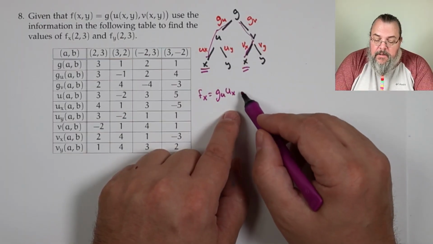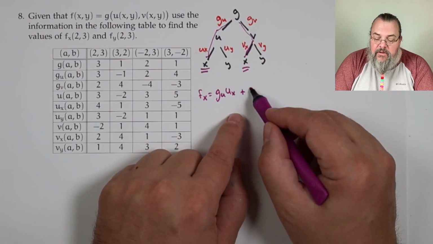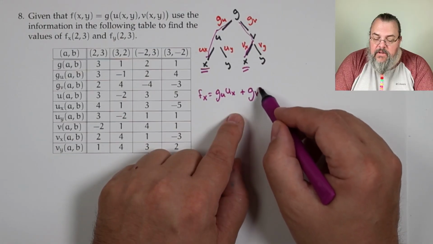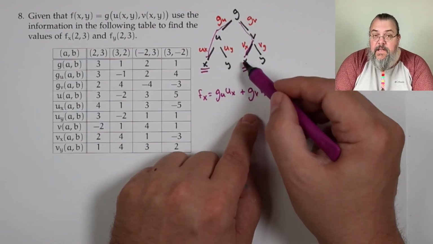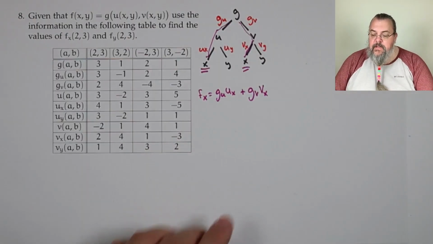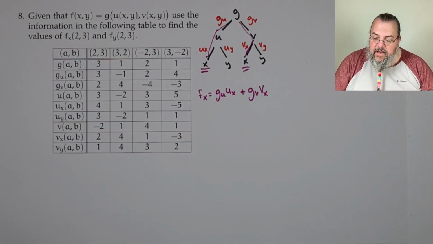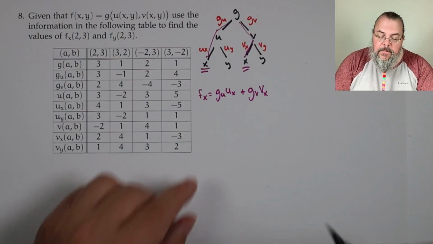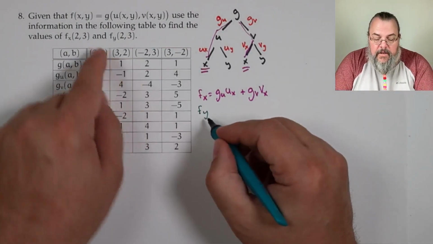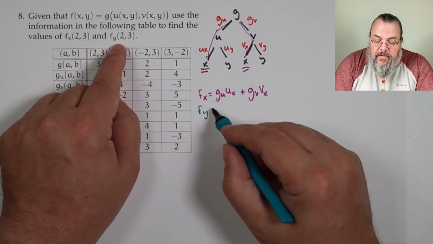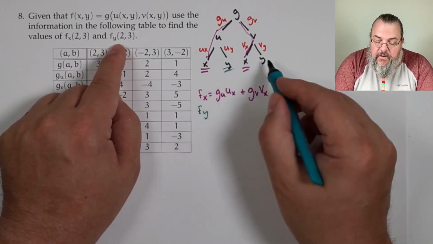And we say, plus we have to take into account how it gets affected through v. So g_v v_x. Now that's our f sub x. Then we have to do our f sub y, right? Because we still have to do that. And we say, okay, well, there's y showing up down here.